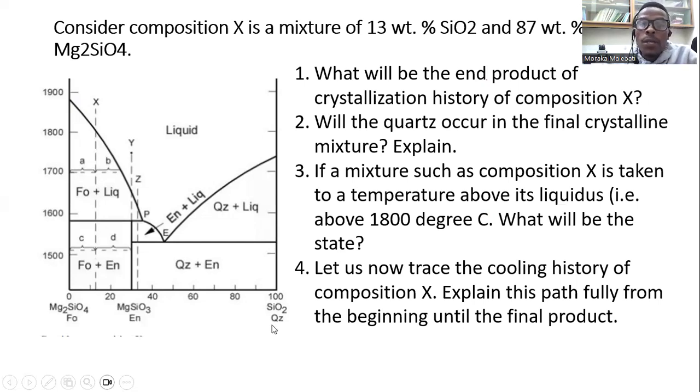We want to apply equilibrium and fractional crystallization, and we want to see the eutectic and peritectic points, and try to understand the crystallization history and the melting history of the compositions X, Y, and Z.